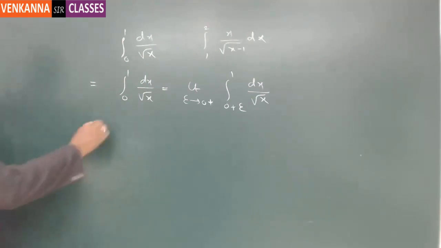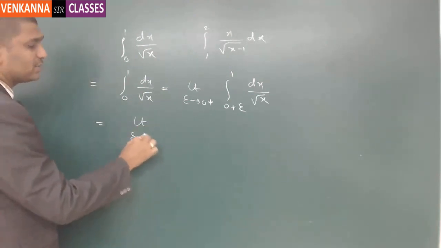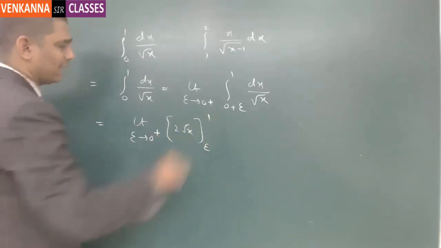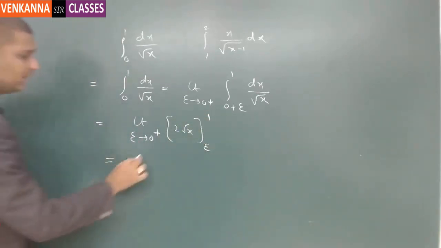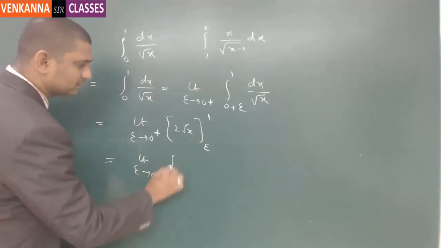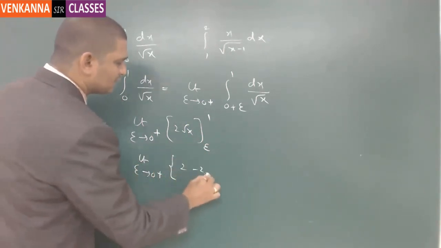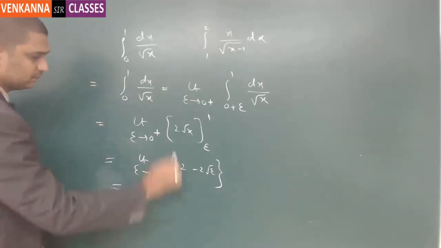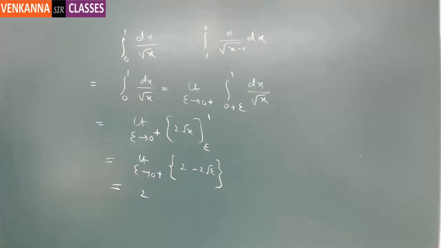So this equals limit epsilon tends to 0 plus, the integral is nothing but 2 root x, epsilon to 1. So limit epsilon tends to 0 plus, 2 minus 2 root epsilon. And after applying the limit, what is the value? 2. Since 2 is a finite value, the given integral is convergent and it is the solution of the integral. Okay? Is it clear to you?